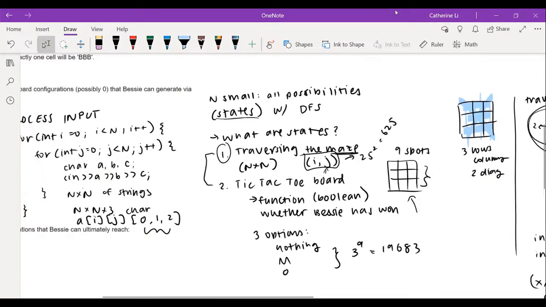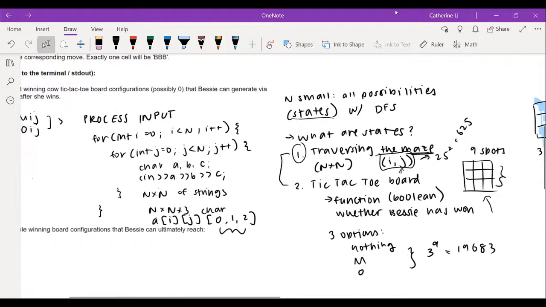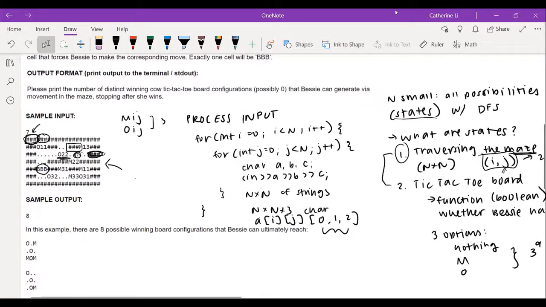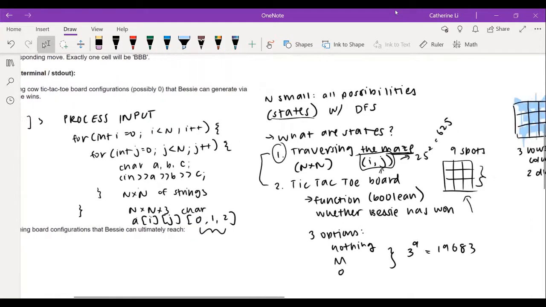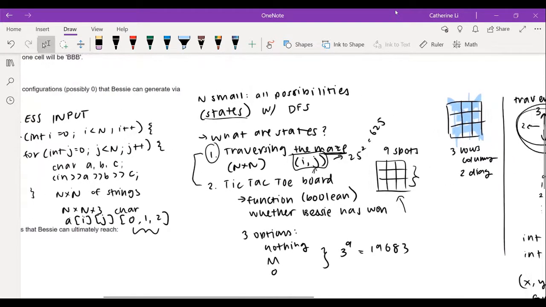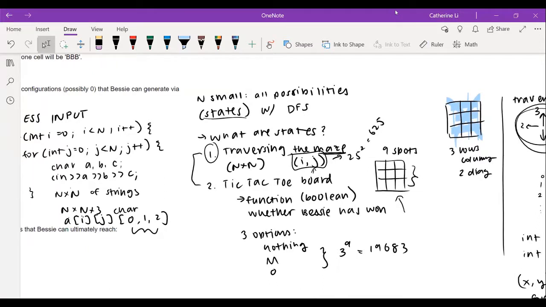That's pretty much it. Basically, we're going through and using DFS to traverse and track all of the different states. Then if we use this function and check all of the rows, columns, and diagonals, we can keep track of all the winning positions while we're going through the DFS.